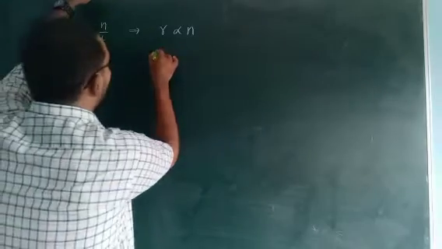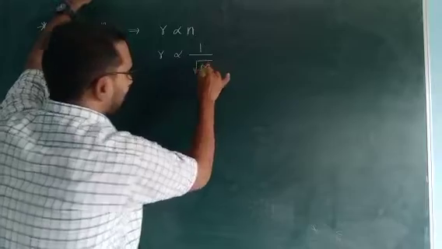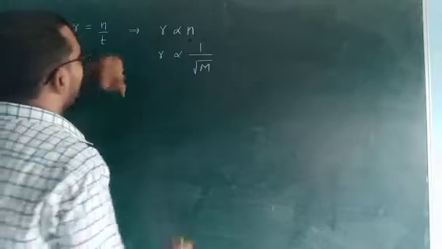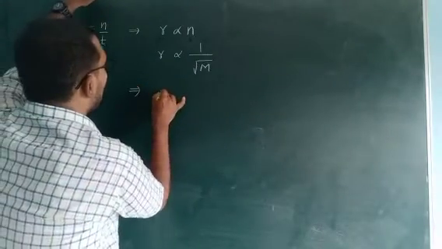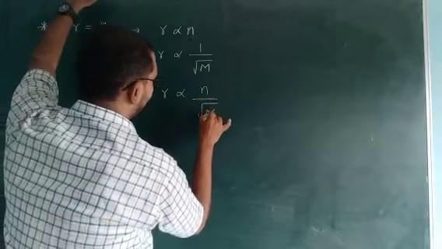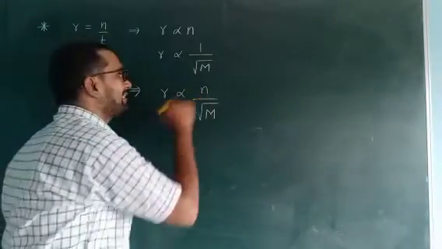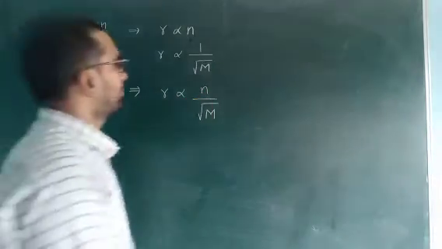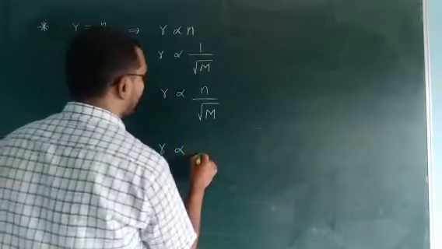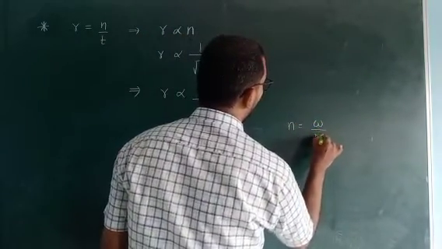And one more, we know very well, R is inversely proportional to the square root of molar mass. Now combining these two, the formula is R is proportional to n by root over M. We know what n is: number of moles. So R is proportional to number of moles. What is n? n is equal to weight by molecular weight.